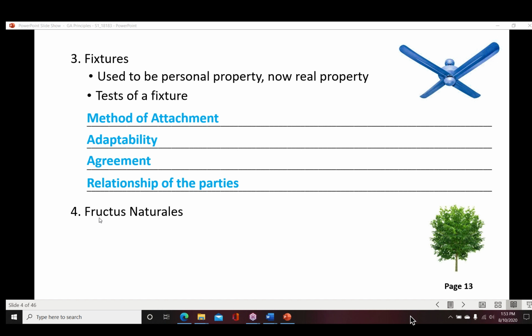Appurtenances. The second type of appurtenance is called fructus naturalis. Y'all, I just want you to write: these are natural appurtenances. Examples: trees, bushes. Write the word perennials. Perennials are plants that die off in the winter, but then they come back the next spring.